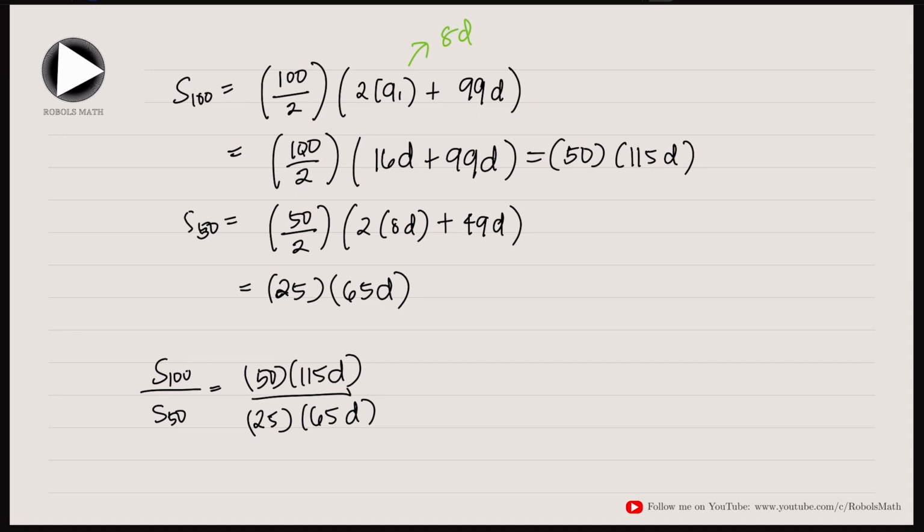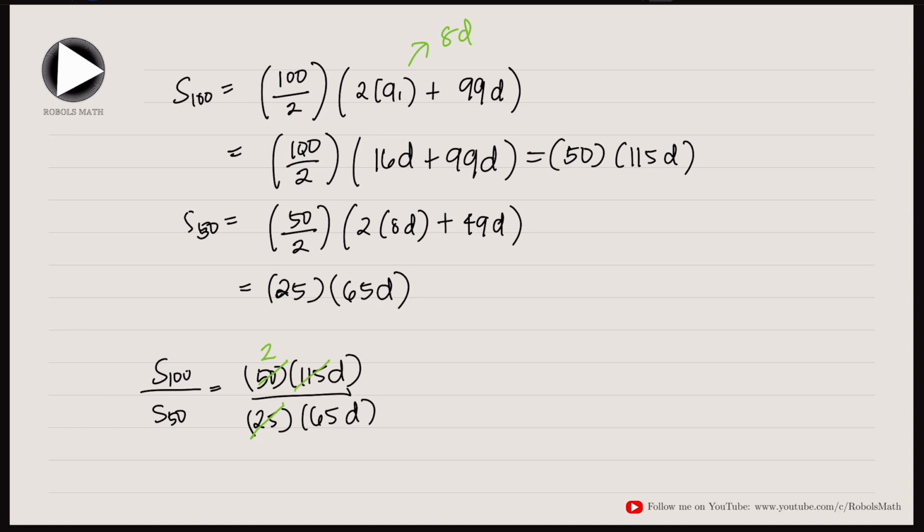Now again, as I've said earlier, we don't multiply out the terms first and look for factors that might cancel out. In this case, the numerator has a divisor of 25, so we can cancel that out, and in the denominator as well. So this becomes 2. Now 115 and 65 have a common factor of 5.